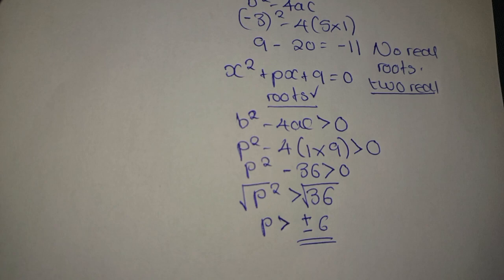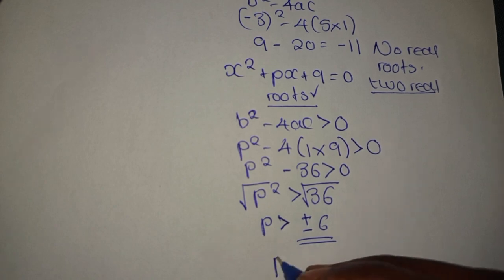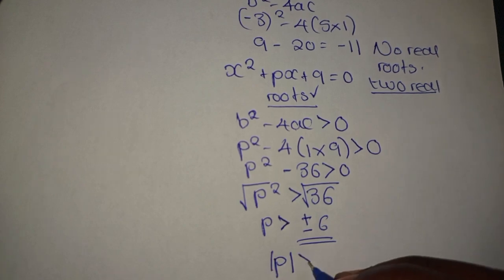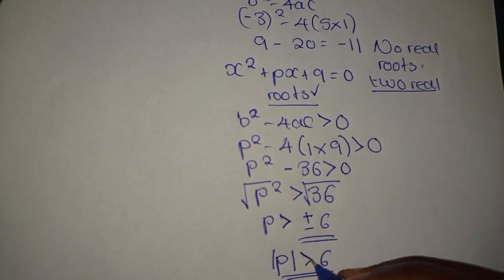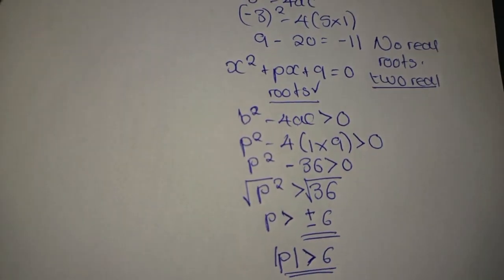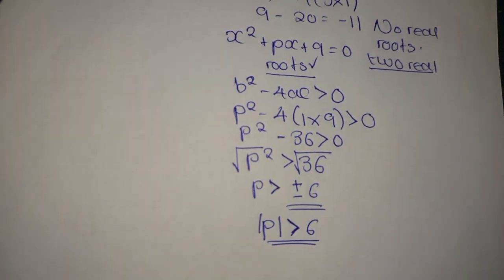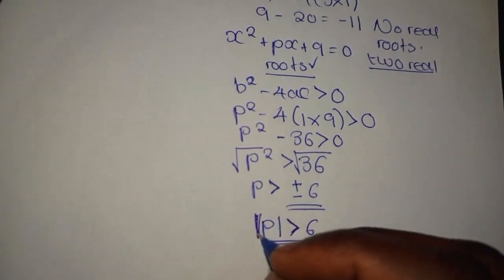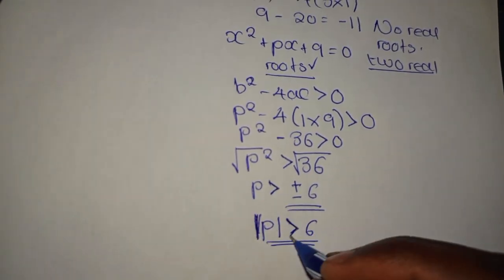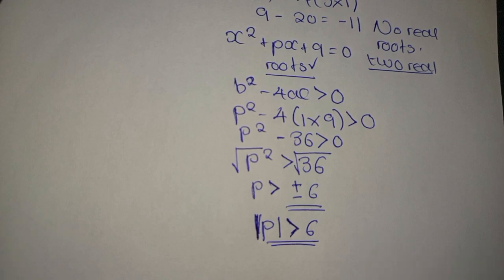So the value of p here can be modulus of p greater than 6, meaning when we put any value of p, so long as it is negative, it will turn positive and the answer will be greater than 6.